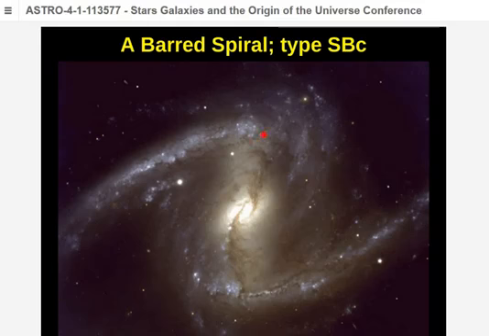Okay, barred spiral. So there's the bar. So now I'm going to tell you why we have bars. Why is this part of the spiral arm straight? And the reason is because the pattern of the density waves that are sweeping through the galaxy, they're moving through the material which itself is orbiting.